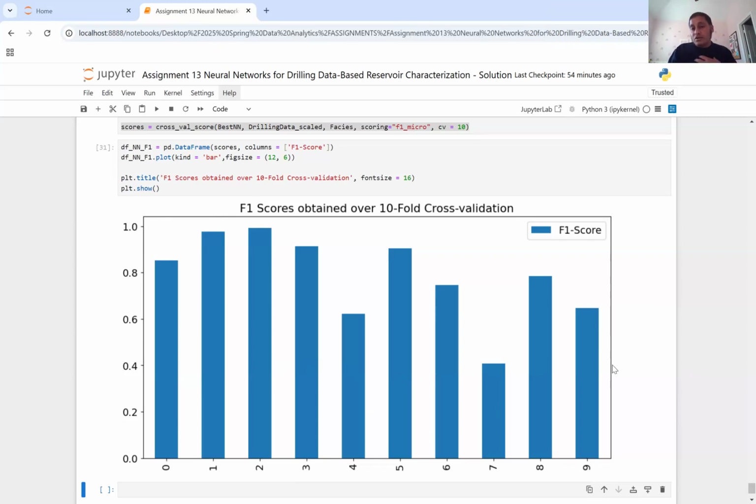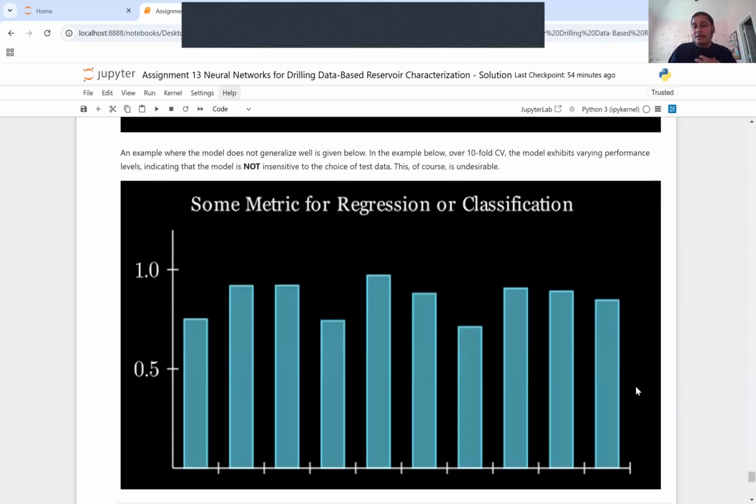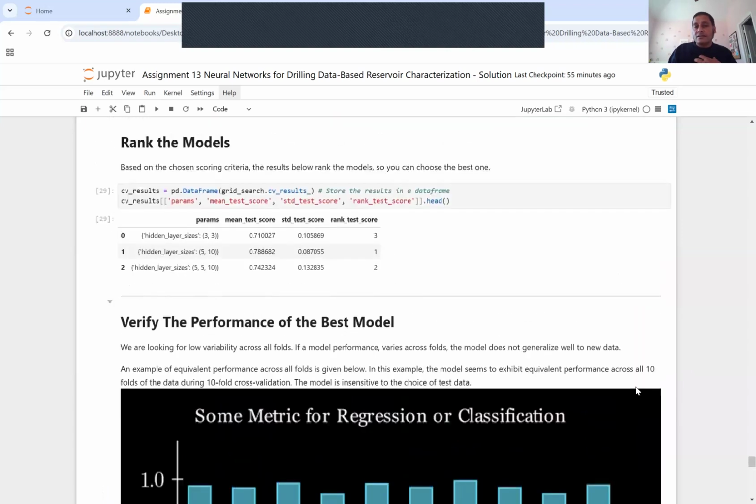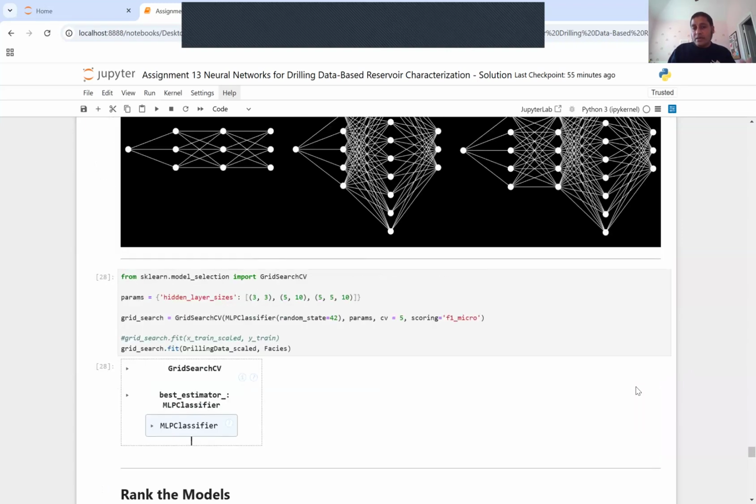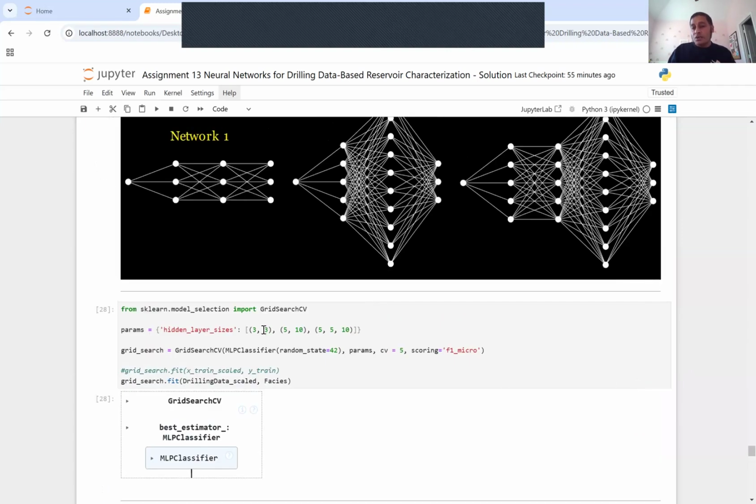And so I should probably go back and restart this entire process by choosing a different set of models over here. I know that something with relatively low complexity, like 3 neurons in the first layer and 3 neurons in the second layer, is insufficient.